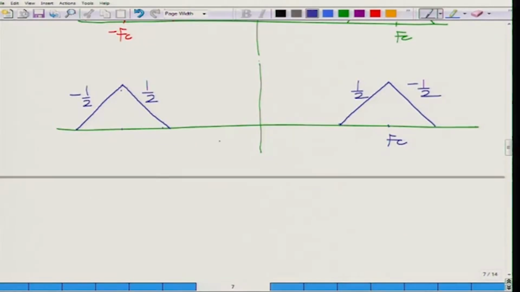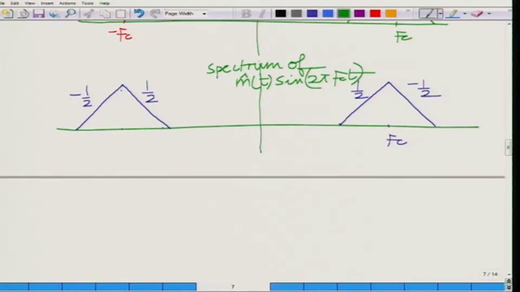And therefore, this is now the spectrum of m hat of t sin 2 pi f c t. And now, you can see the various scaling factors. Some of the scaling factors are half, some of the scaling factors are minus half.